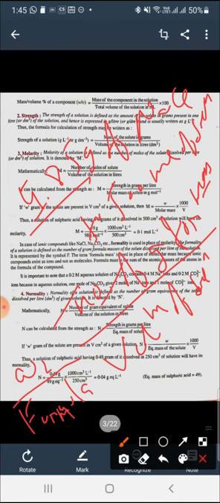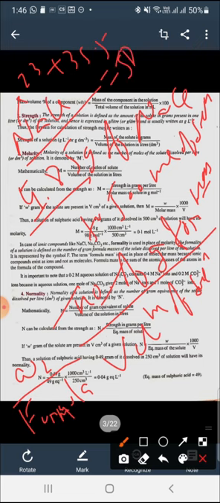Now what is formula mass here? Formula mass is the sum of masses of the individual atoms of an ionic compound. For example, here NaCl, mass of Na is 23 and chlorine is 35.5, then the total mass will be equal to 58.5.